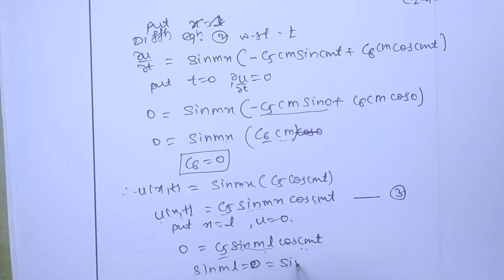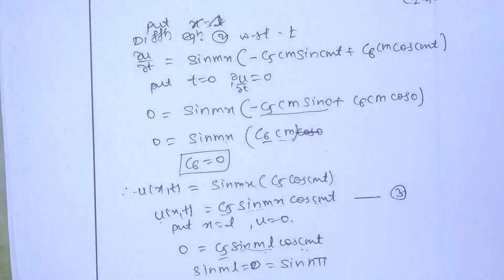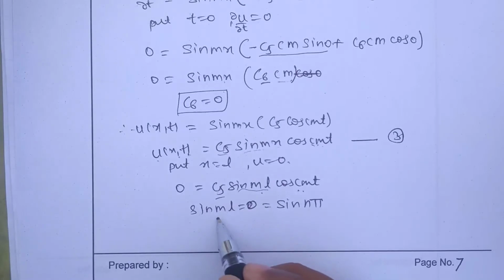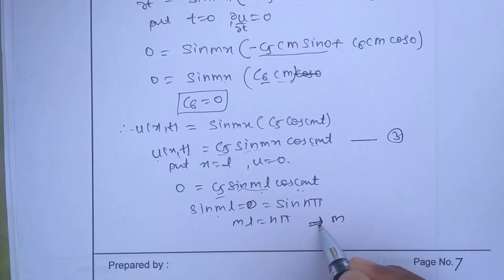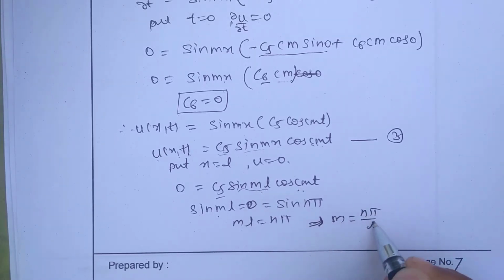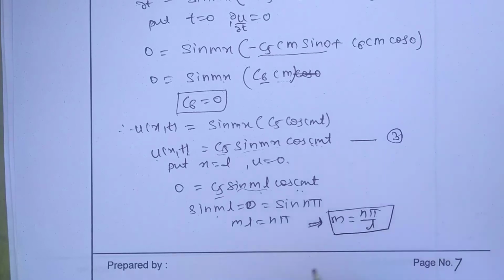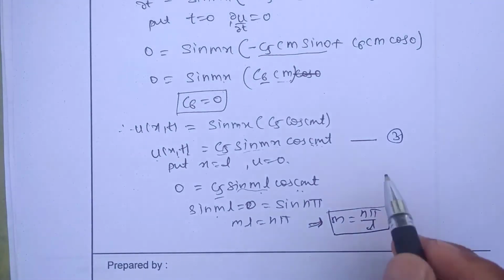So here we have to take sin ml equals to 0. That means sin n pi, because sin n pi is also 0. So you have to take sin ml equals sin n pi. So ml equals n pi. This implies m equals n pi upon L. That is the value of m. Put the value of m in equation number 3.